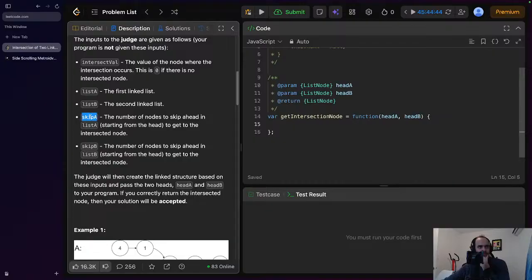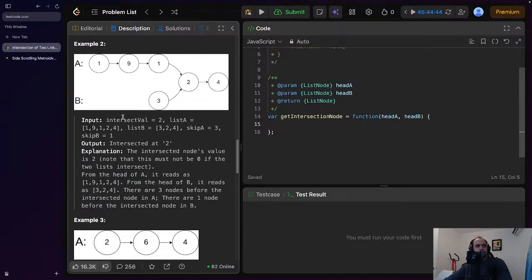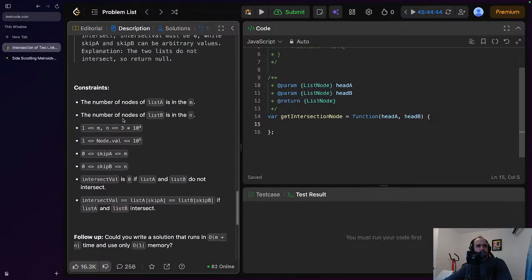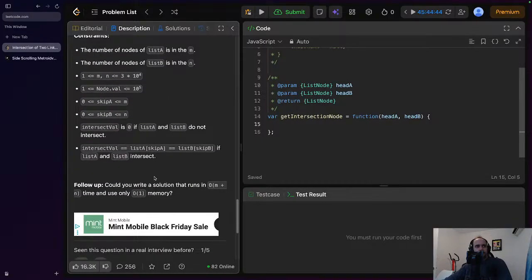Okay. List A, starting from the head, get to the intersected node. Skip B, number of nodes to skip ahead in list B to get to the intersected node. Oh, okay, I'm misreading this. Skip A is the number of nodes to skip ahead in list A to get to the intersected node. M plus N.